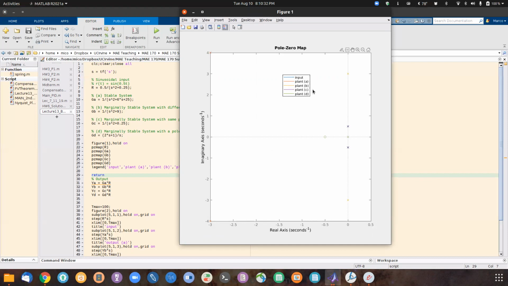And then for the case B, we have the 2 poles at plus and minus 3i. For plant C, we have the 2 poles at plus or minus 0.5i. So the 2 poles coincide with the poles of R. And then finally, for the plant D, we have 1 pole at the origin, and we also have a 0 at minus 0.5, but that doesn't really matter.